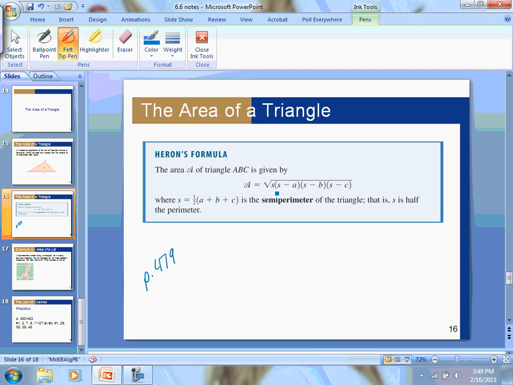So you have your semi-perimeter times the semi-perimeter minus your first side times the semi-perimeter minus your second side times the semi-perimeter minus your third side, all under a square root. The semi-perimeter is basically half your perimeter. So you're finding area and all you're using is perimeter in some way, shape, or form.